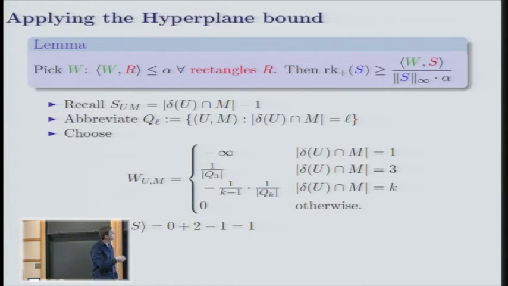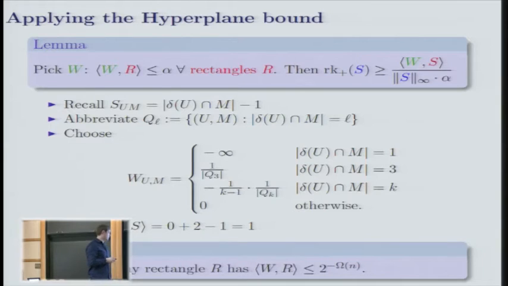Obviously, what we want to show is that any rectangle can only get a tiny value here. In fact, what we can prove is that if we take the constant k large enough, then whatever rectangle you have and you multiply it with a linear function, you can only get something that is exponentially small.